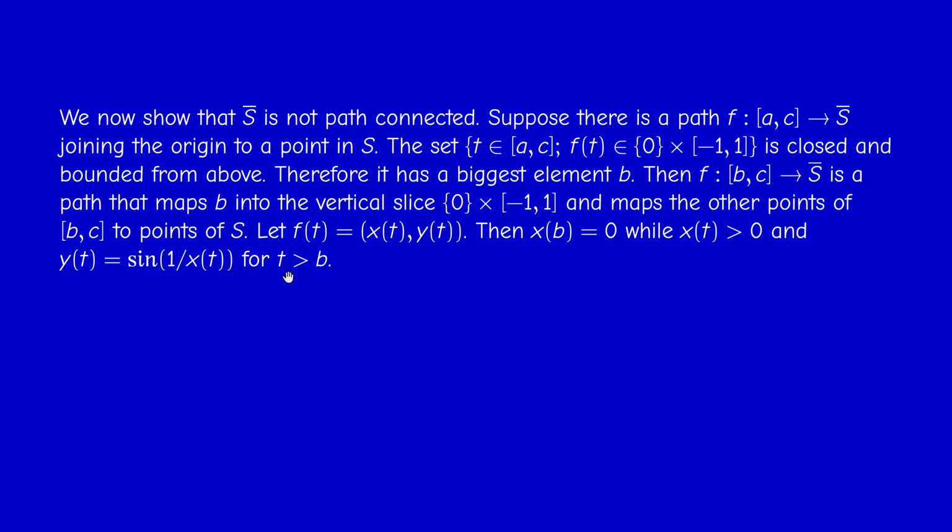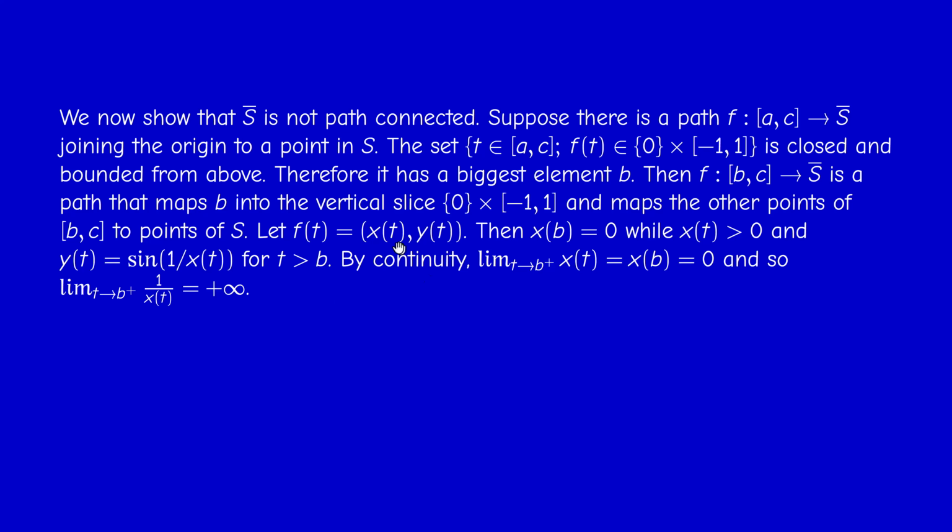And if t is bigger than B, then we are now on the green curve, so Y of t is sine of 1 over X of t. Okay. Now, since X is continuous, it must possess a limit as t tends to B, and this limit should be X of B, which is 0. And therefore, 1 over X of t tends to plus infinity. But the sine function has no limit at infinity.